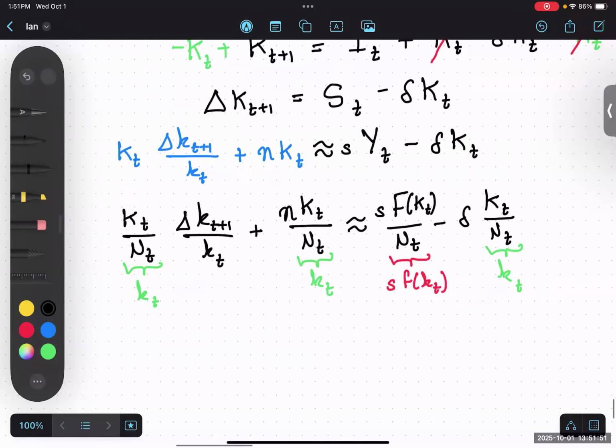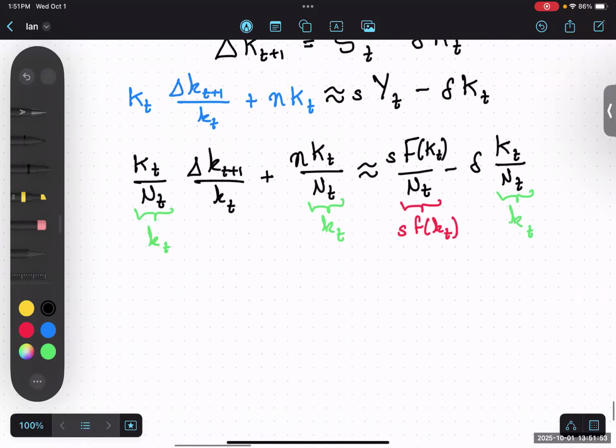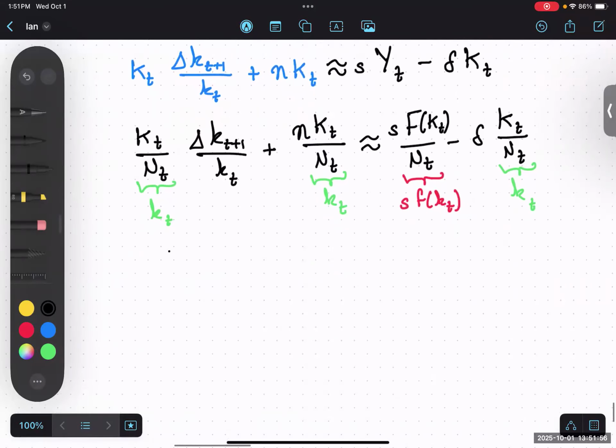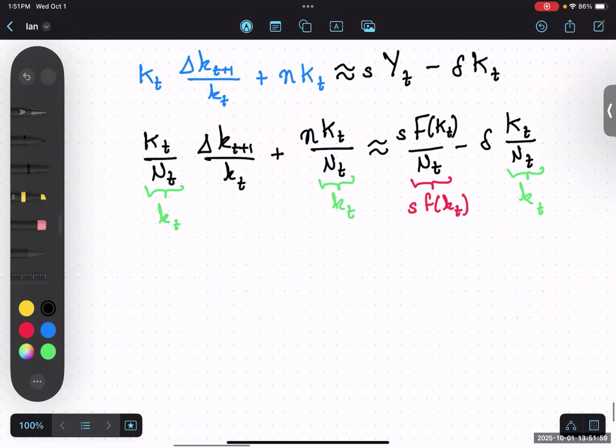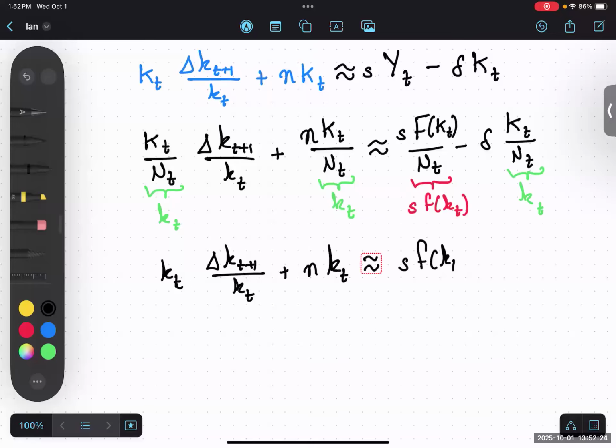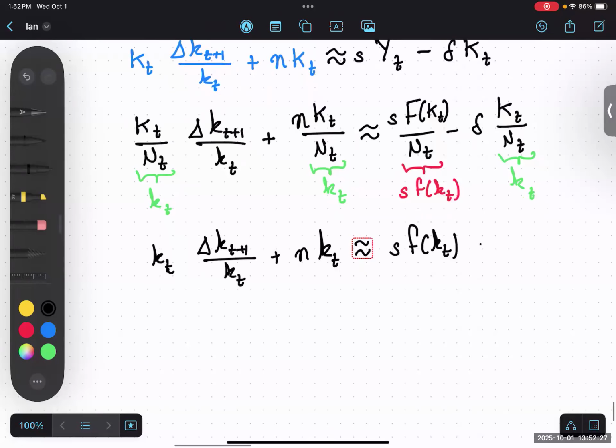And it means that I'm going to rewrite the simplified version of what we have so far, but you will see how many things simplify even further. So we said capital labor ratio multiplied by the growth rate of capital per worker plus n times capital per worker, approximately savings rate times the production function per worker, minus delta times capital per worker.